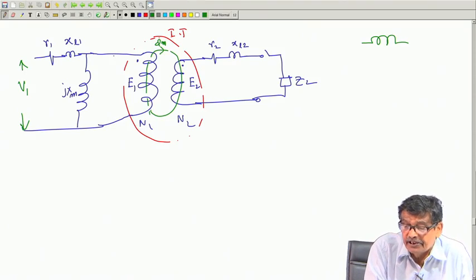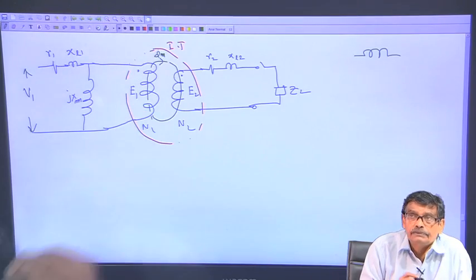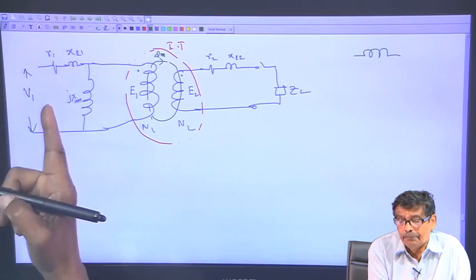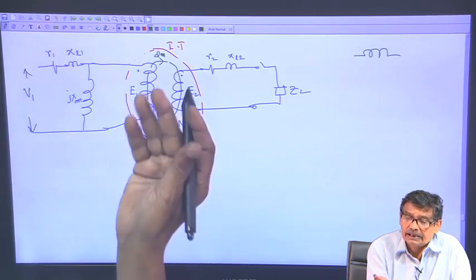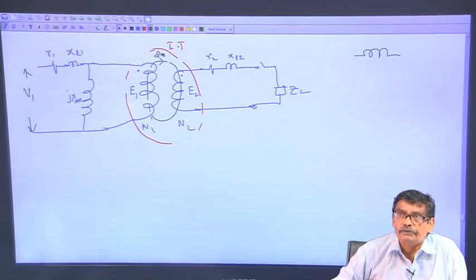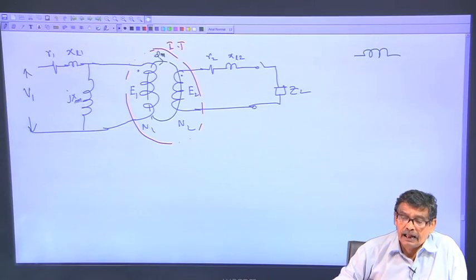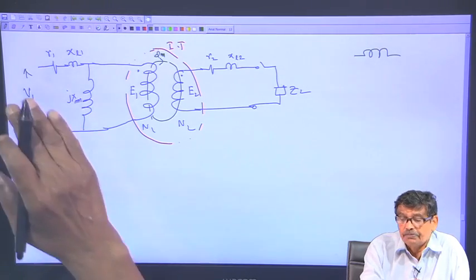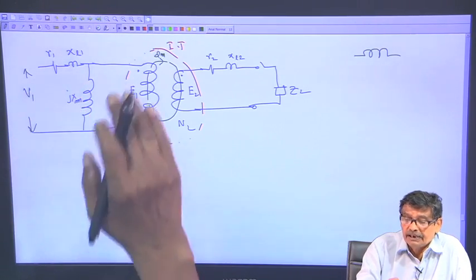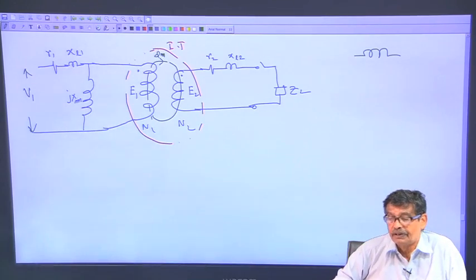Once again, leakage flux I should not draw here, because the applied voltage will only be consumed in the winding, and it must be in series with the supply lines, jXm, this one.